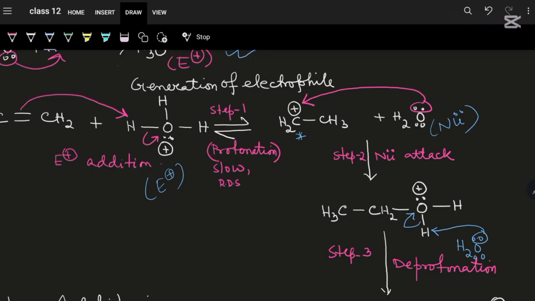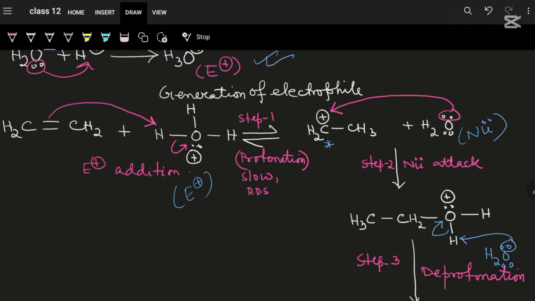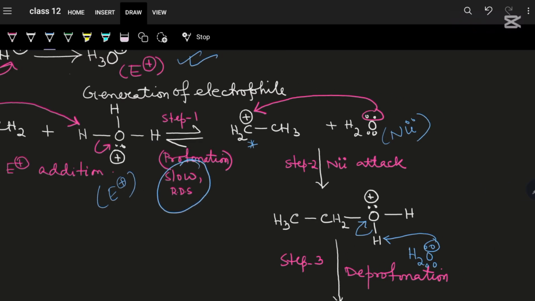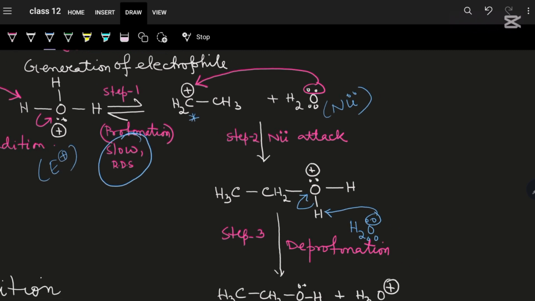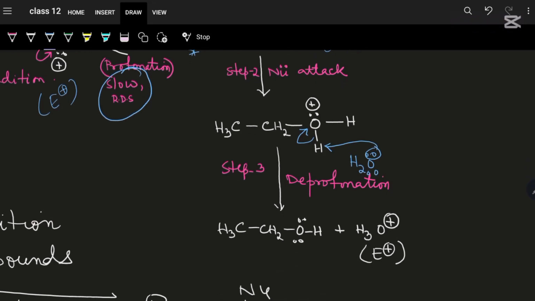So here what is happening is the carbocation formation, step 1, is your slow RDS, because there is formation of carbocation, and to that carbocation H2O is attacking. So oxygen attacks with its lone pair and gets a positive charge, and in the final step there is deprotonation, because H2O can take H plus and neutralize the charge over oxygen, forming alcohol.